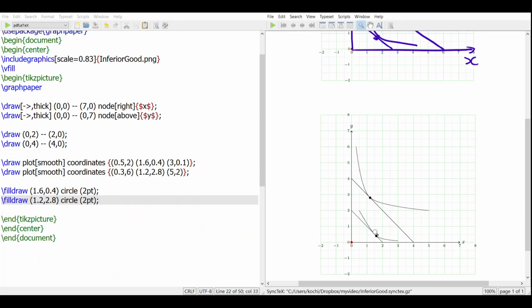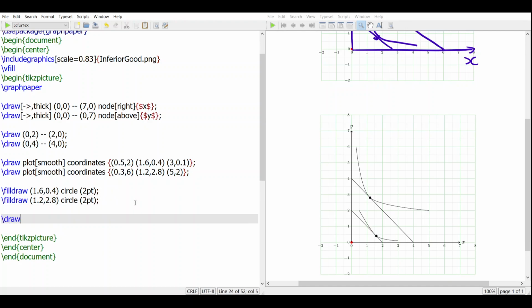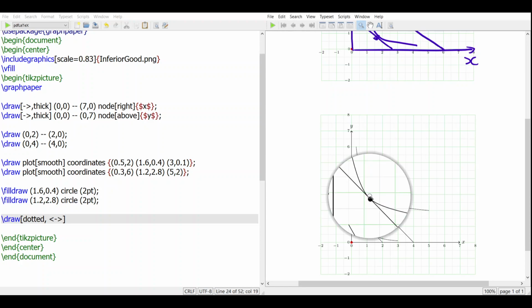Okay, this seems to be okay, and finally we need to draw dotted arrows to tell the reader that we are drawing a line between these 2 points.